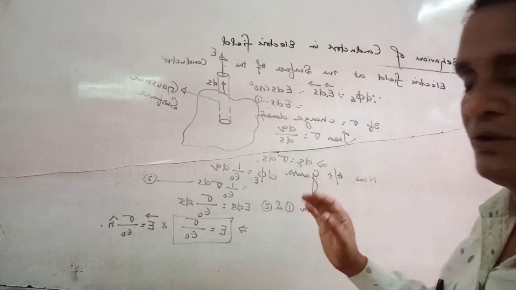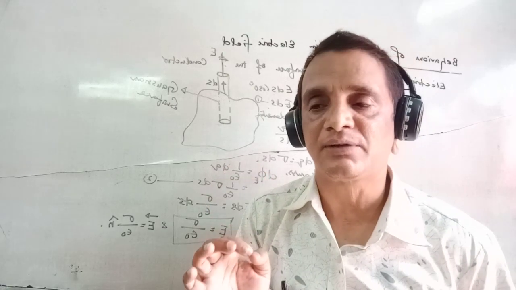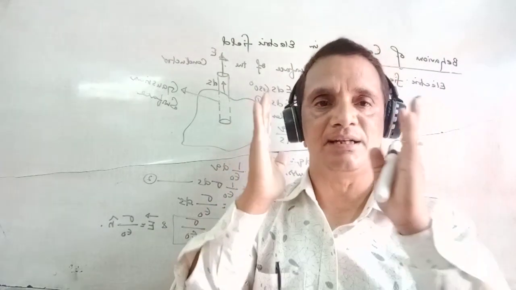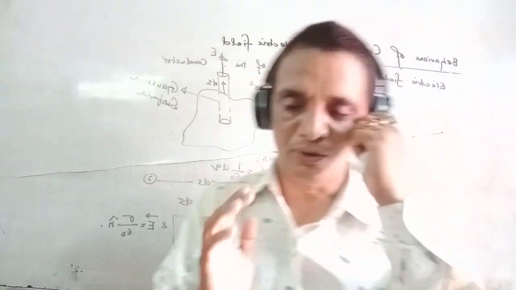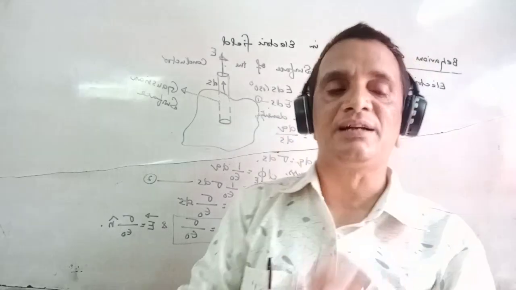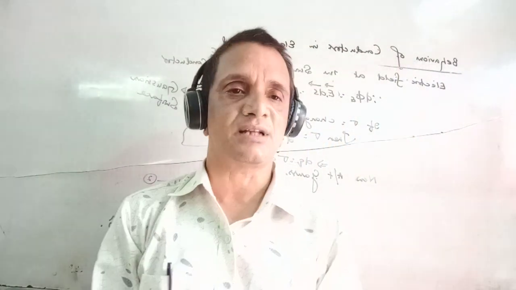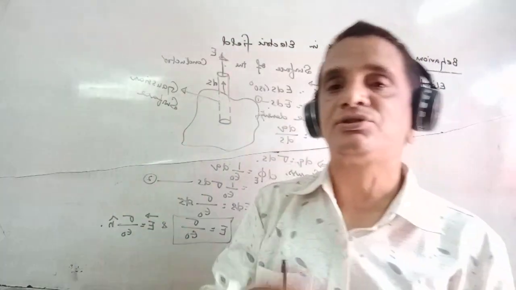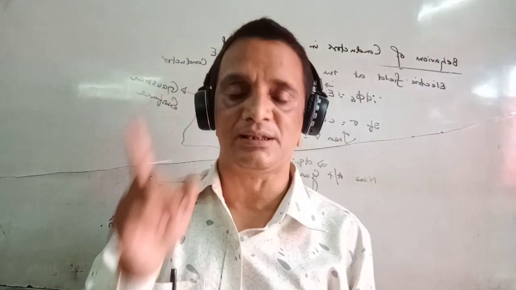What is our first point? The first point is that the net electric field inside a conductor when the conductor is placed in an electric field is 0. The second point is that when a conductor is placed in an electric field, the electric field is directed perpendicular to the surface of the conductor. The third point is that the net charge inside the interior of the conductor is 0 when it is placed in an electric field.